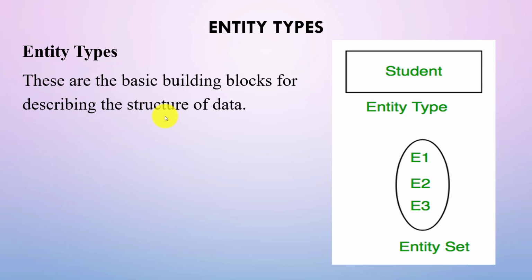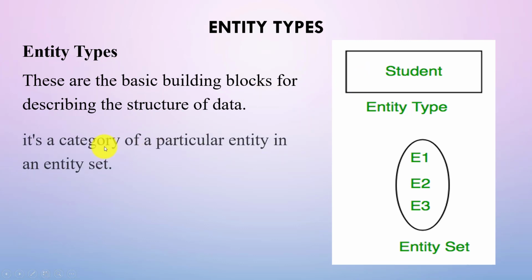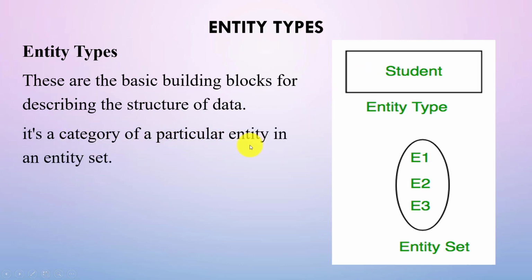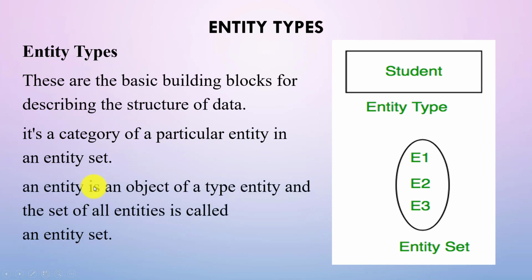We are going to describe the structure of the ER or entity relationship, so we require some entity types, which are the basic building blocks of entities. It is a category of a particular entity in an entity set. In this diagram you can see E1, E2, E3. These are the instances or objects of the entity type, and a set of entities becomes the entity set.